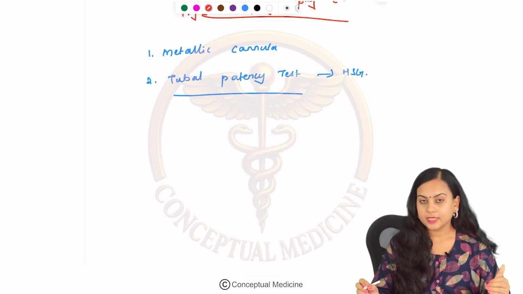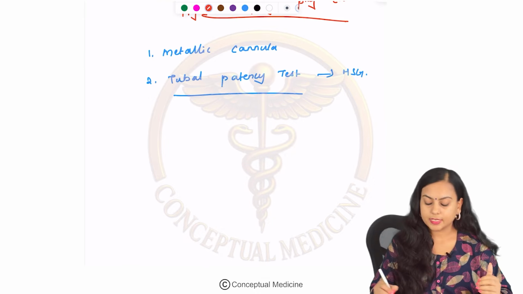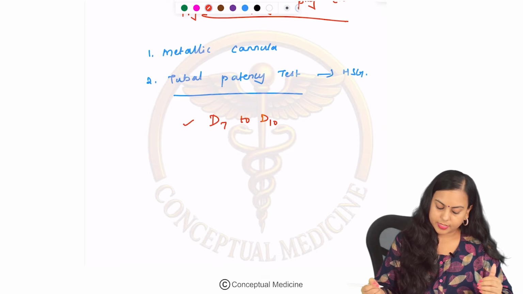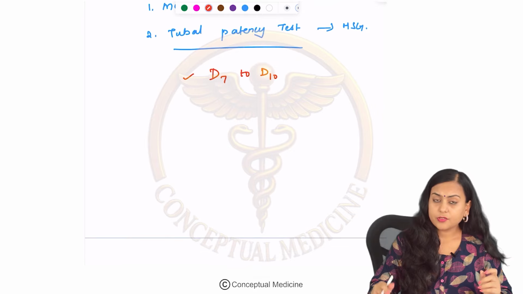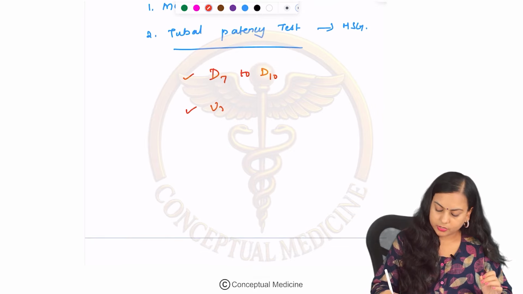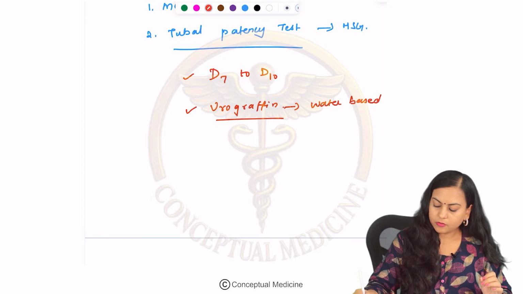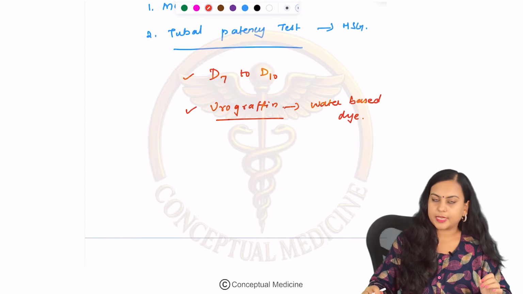So, a tubal patency test or an HSG test is usually done between day 7 to day 10 of a cycle, and the dye which we commonly use in HSG is urographin dye. Okay, this is a water based dye, so you have only less complications.